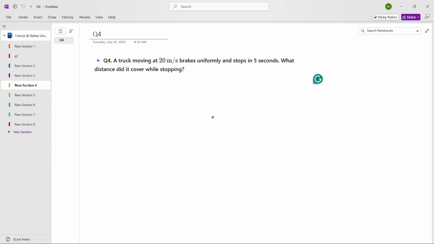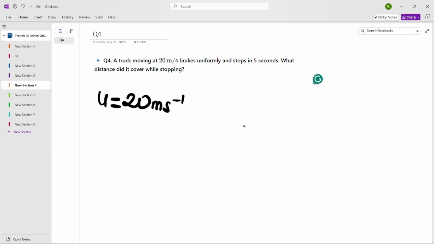This one says a truck moving at 20 meters per second. So the truck is already moving at 20 meters per second, which means they have given us the initial velocity of the truck. You need to recognize your parameters. For the next one, I will allow you to help me identify the parameters. I've solved about 3 questions so far to help you see how to identify the parameters from the question.